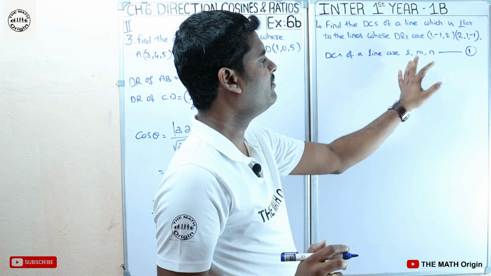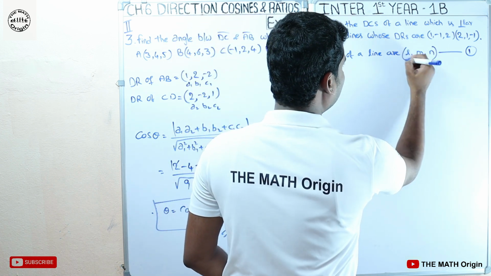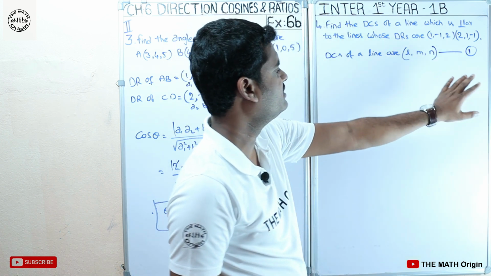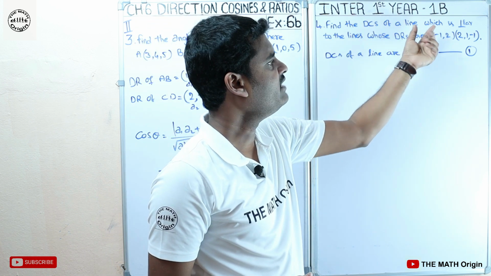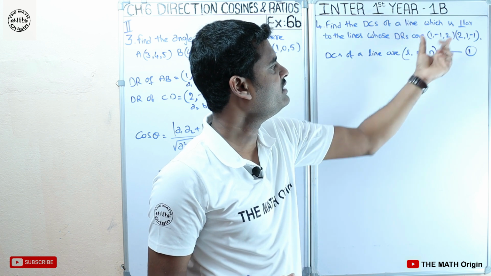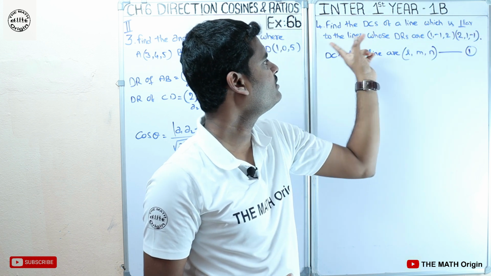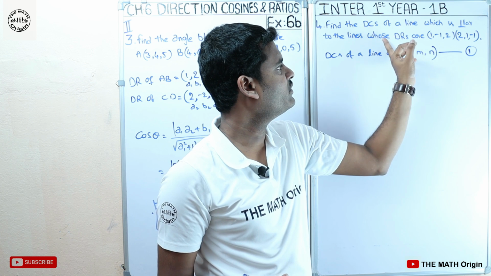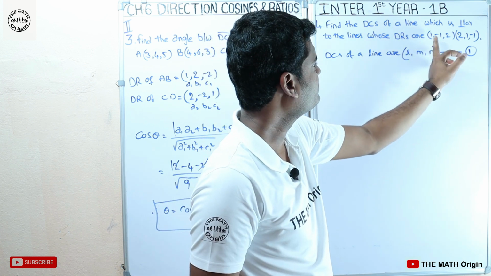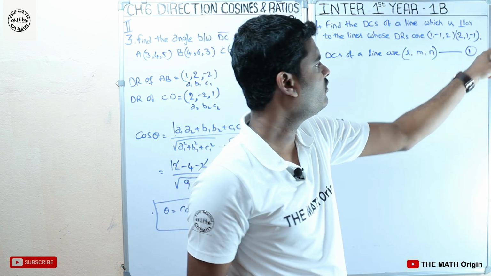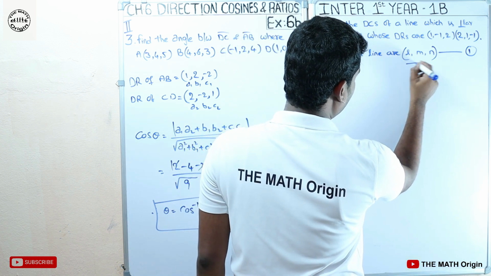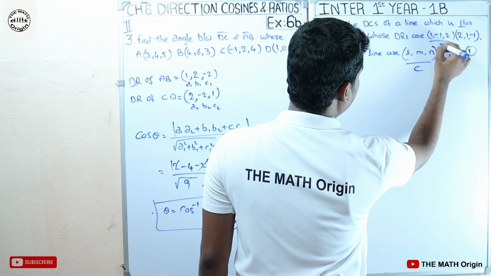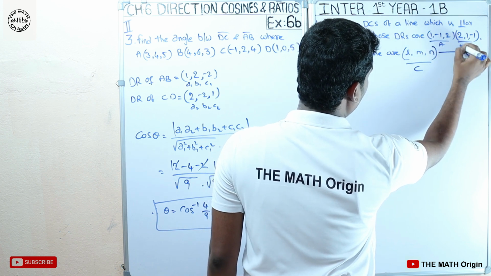Now they mentioned to find the DCs of a line which is perpendicular to the lines whose DRs are 1 minus 1 2 and 2 1 minus 1.